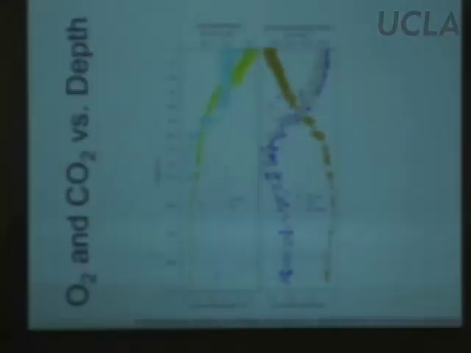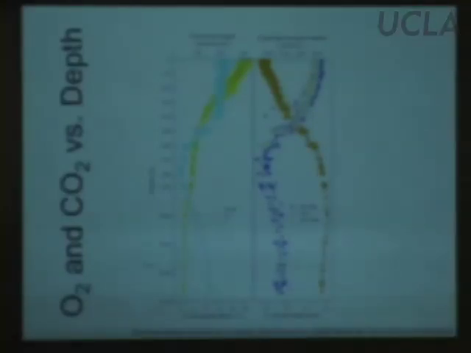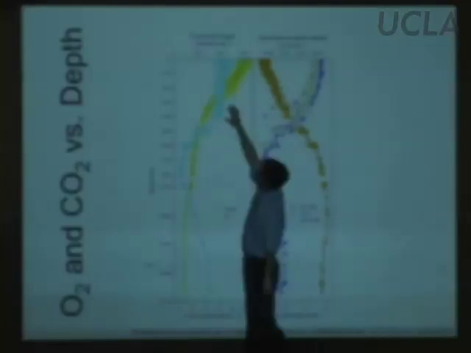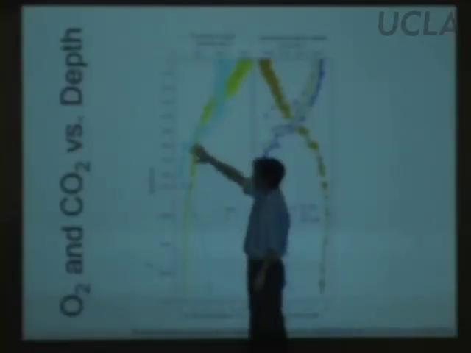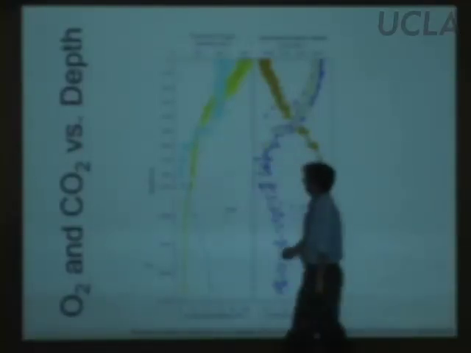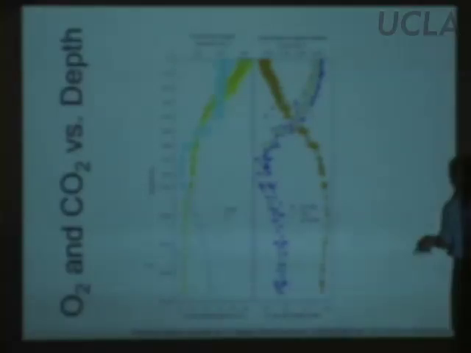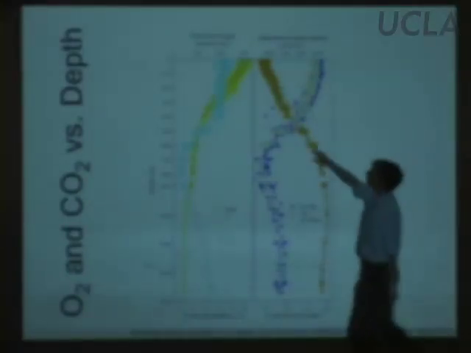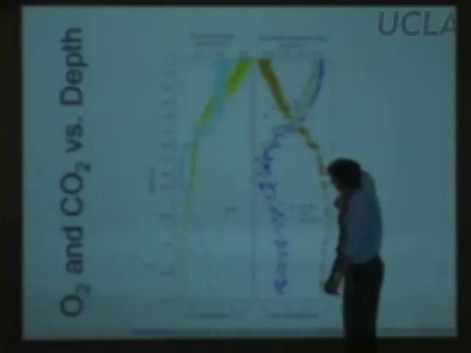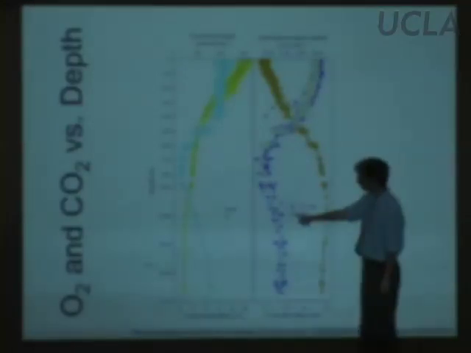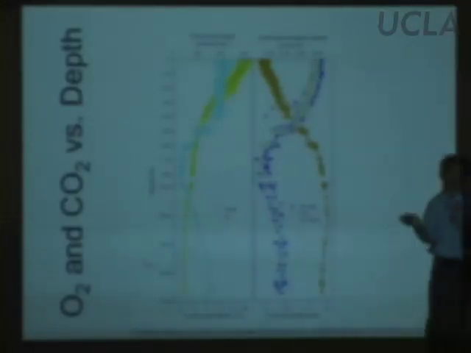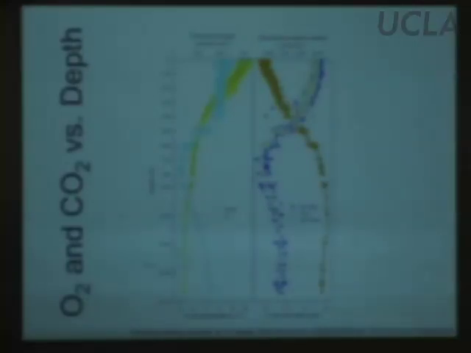Okay. So if we look at both oxygen and CO2 as a function of depth, this is the same panel I showed you before. Oxygen tending to be fairly common near the surface and disappearing at depth. Carbon dioxide almost has a mirror image behavior. Near the surface, carbon dioxide, which is here plotted in the form of dissolved inorganic carbon. So that's carbon dioxide and bicarbonate and carbonate and carbonic acid all added together.